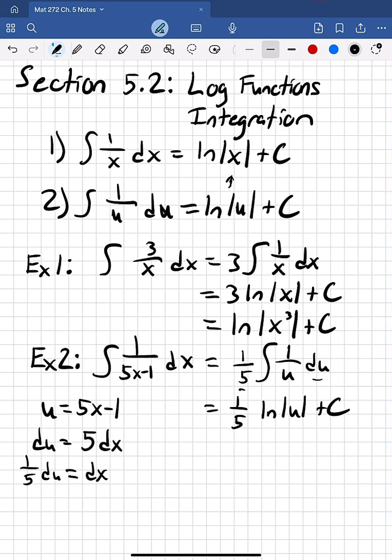But as we know, the u is actually equal to 5x minus 1, so we really have 1/5 the natural log of 5x minus 1 plus c. That would be the final answer for that one using u-du substitution.